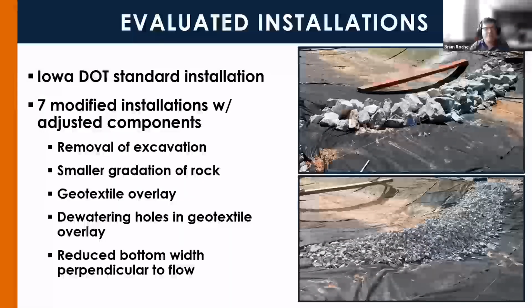So we evaluated the Iowa DOT standard installation as well as 7 modified installations with adjusted components, including removing the excavation underneath, using a smaller gradation of rock, implementing a geotextile overlay, adding dewatering holes in that geotextile overlay to increase recoverability, and then reducing the bottom width perpendicular to flow. All these aim to either lower costs, increase performance, or both.